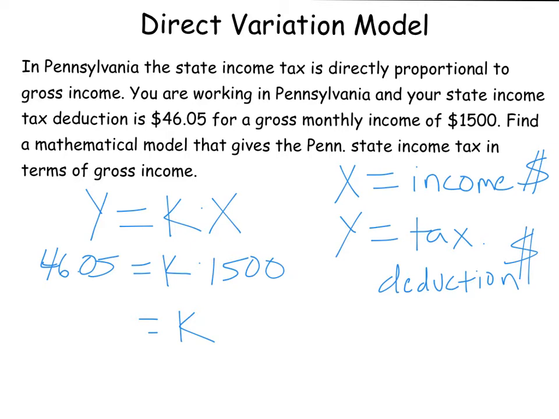You divide both sides by 1,500 and you would get 0.0307. And now to finish my model, y, which I've already said is your tax deduction, is going to be 0.0307 times x, which would be your income.